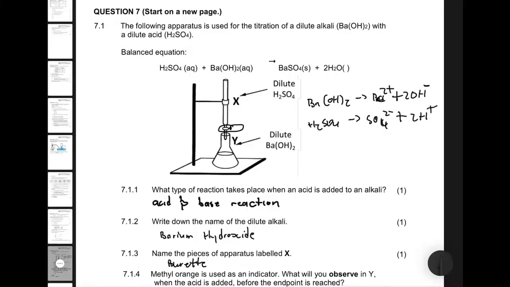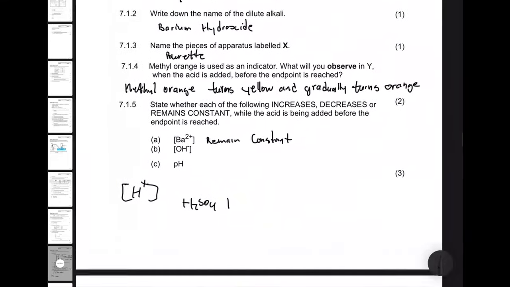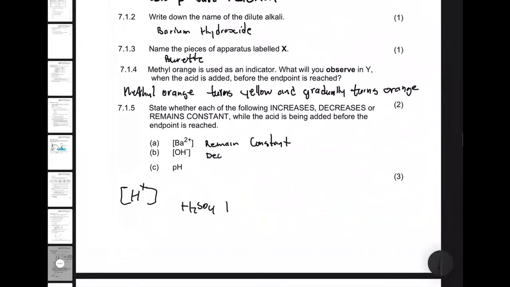So the more we add the acid, the more the concentration of OH minus decreases, because OH minus plus H plus is clearly H2O. So OH minus is going to decrease. For pH, we know that pH equals minus log of H plus. The more you increase the concentration of H plus, the lower the pH will be. So as we increase H plus, the pH will consequently decrease.